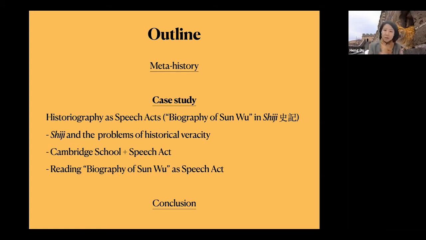And then I will show how in thinking about this text through the Cambridge School's lens, right, in thinking about it as speech act, that gives us an alternative way of thinking about this text.